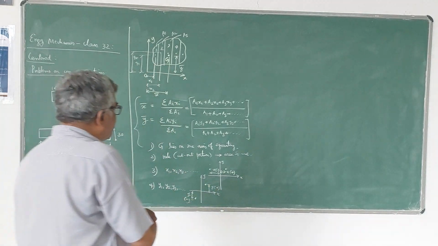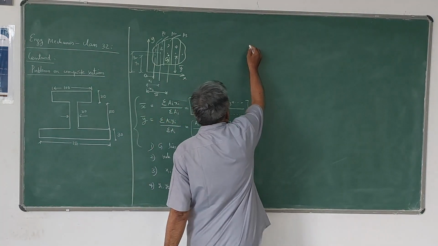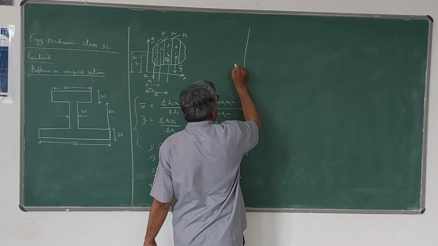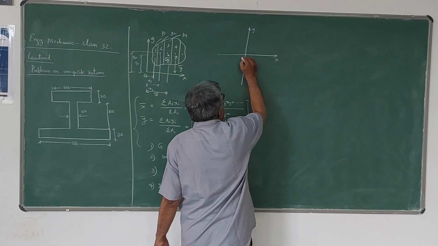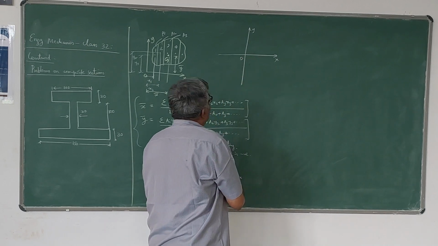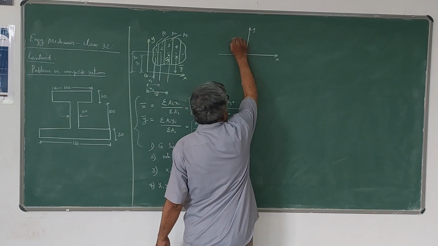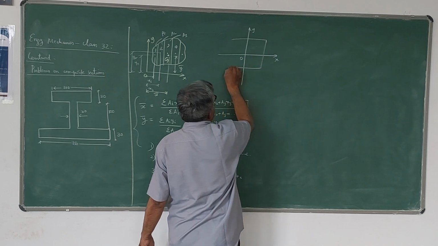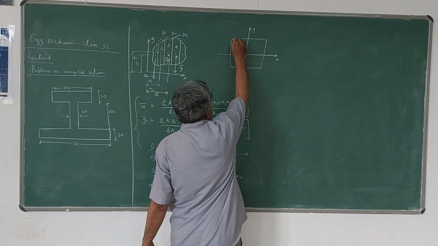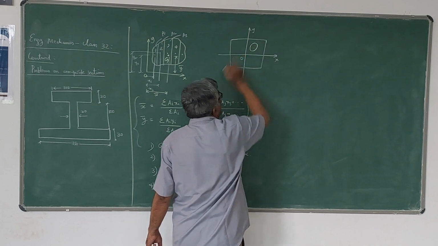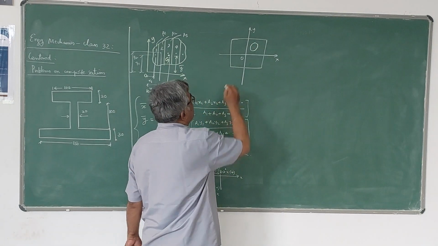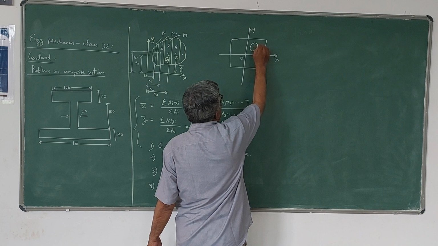So for example, I will give an example here. See, this is the x-axis, this is the y-axis. Origin is here. Let us say you are finding the centroid of something like this. This is a rectangle, and you have a circular portion cut out. So this is a hole actually.